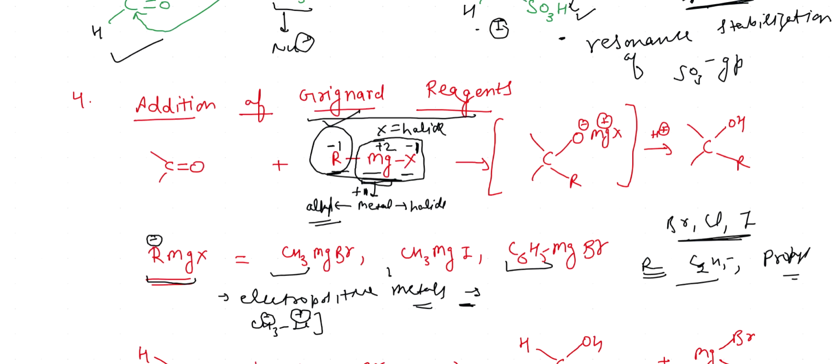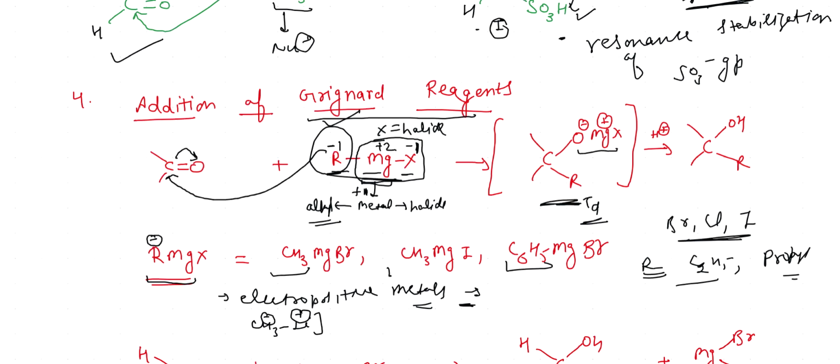So this alkyl here, acting as a nucleophile, will attack on the carbonyl group, and further these pi electrons get shifted towards oxygen, thus forming a salt. This is your tetrahedral intermediate where there is formation of a bond between this carbon and the alkyl group, and this salt forms O negative MgX positive.